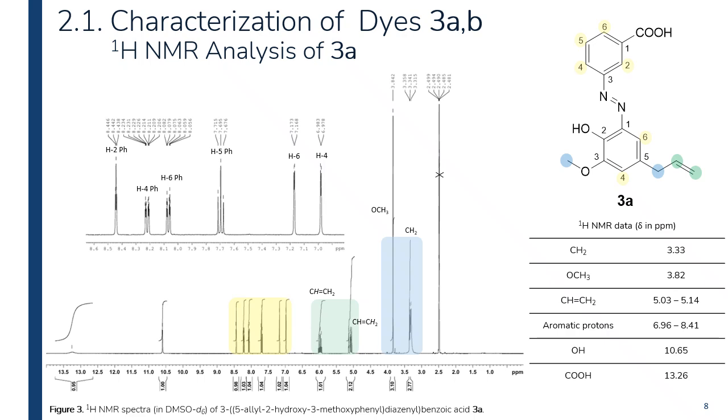In the aromatic region, signals confirm the presence of aromatic protons from the benzene and phenolic rings, showing that the aromatic system was preserved during the synthesis. Finally, we see a singlet which is attributed to the phenolic group and an additional signal further downfield that corresponds to the carboxylic acid proton. The spectrum confirms the incorporation of all expected functional groups, supporting the successful synthesis of the target dye structure.